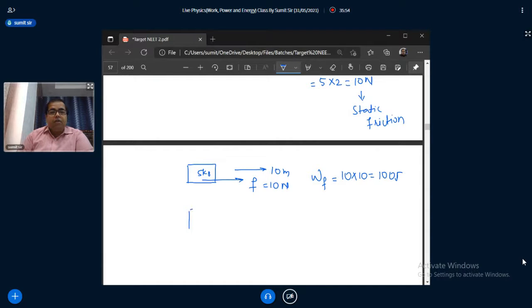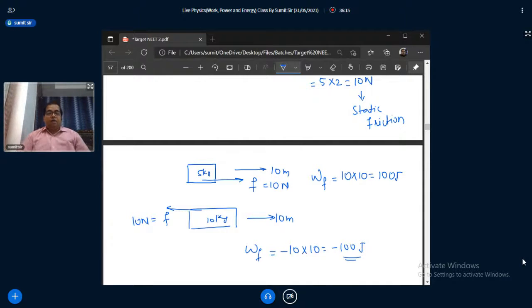Now for the 10 kg block, friction is backward and the displacement of 10 meter is forward. So work done by friction is equal to, this is 10 Newton, so we have minus 10 into 10, which means minus 100 joule.